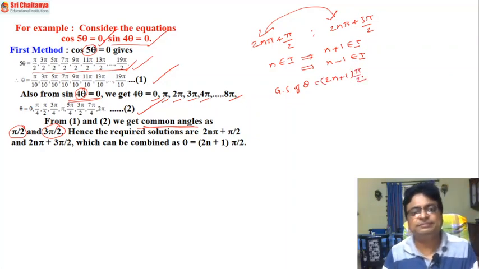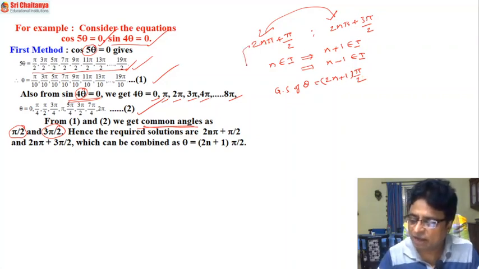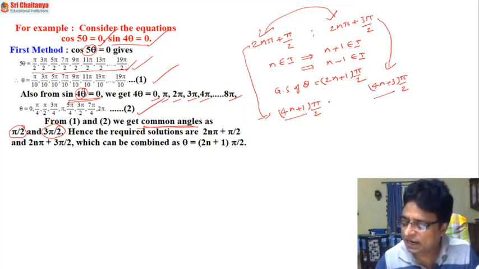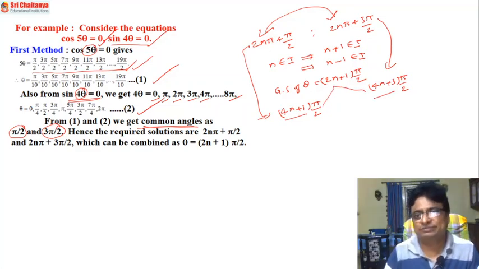If I take pi by 2 as common, that becomes (4n plus 1) into pi by 2, and similarly (4n plus 3) into pi by 2. But instead of writing two different forms, I have combined them and written 2n plus 1.